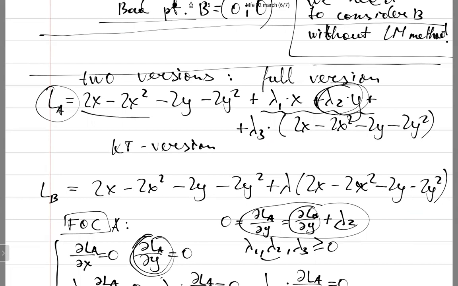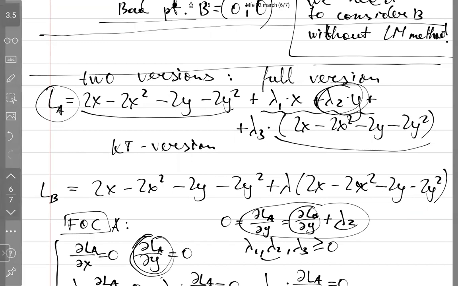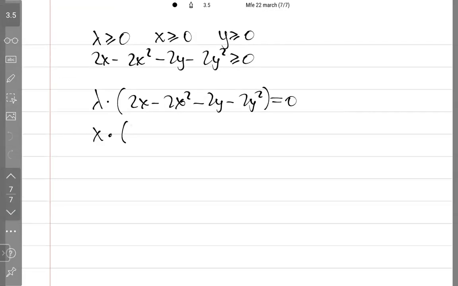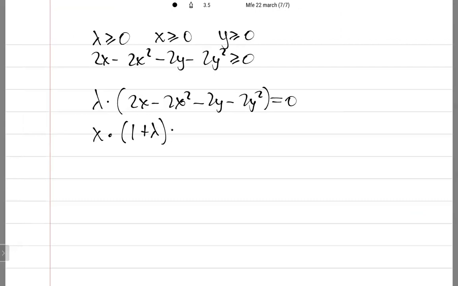Oh, I need to maximize it. Okay, I have (1 plus lambda) times the derivative, so this is x times dL/dx is 0.